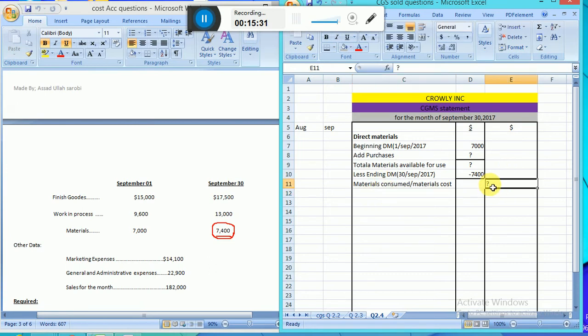Now, material cost is unknown, so after this we will add the direct labor cost. Because manufacturing took place, when manufacturing took place, labor cost also took place. Add direct labor cost.